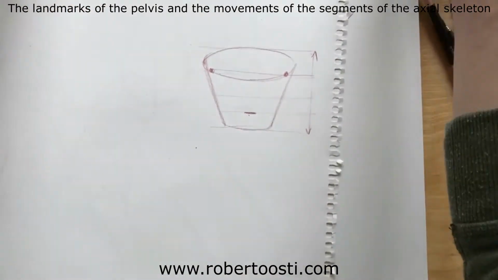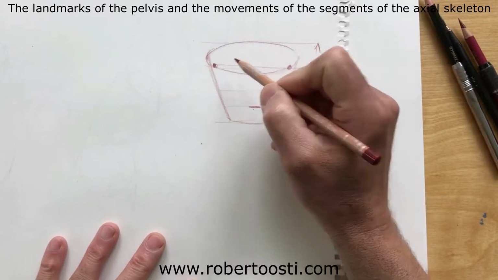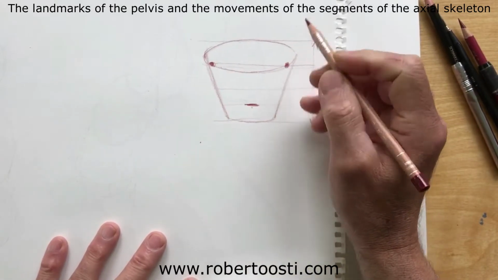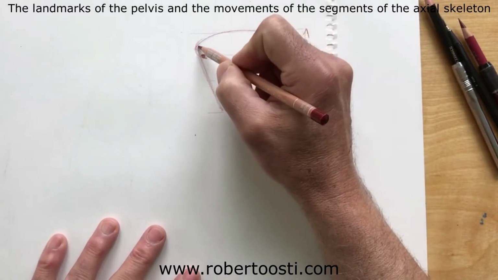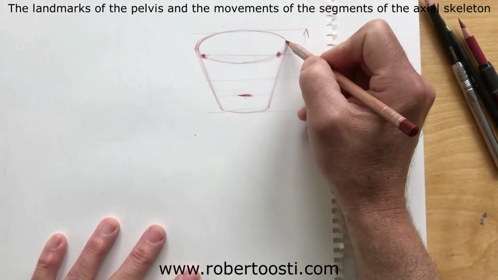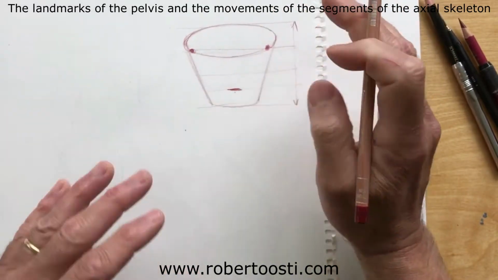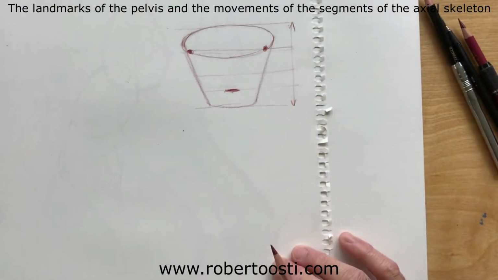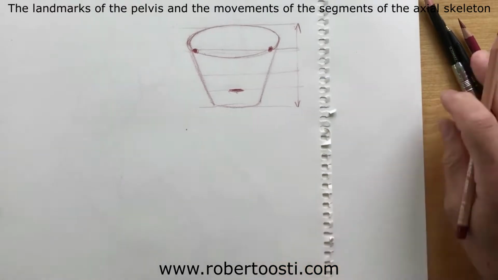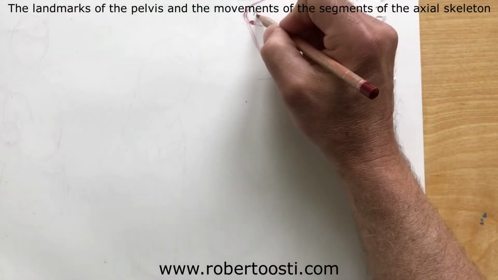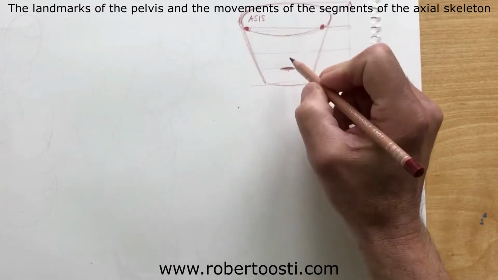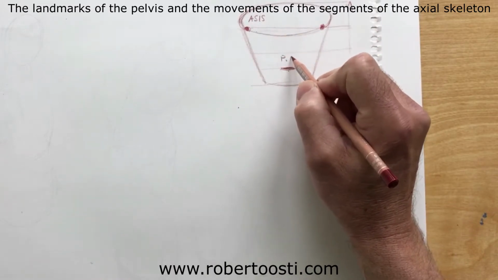So these are bony landmarks, meaning the bones are going to be visible, or you can perceive them on the outside of the figure. So the skeleton can be felt in these areas. Now I have these landmarks: anterior superior iliac spine, and pubic bone.